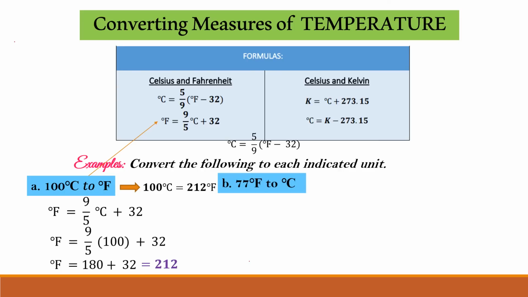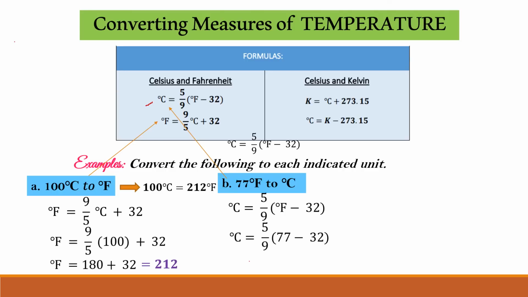For example B, we have to convert 77 degrees Fahrenheit to Celsius. And the formula that we will use is this. So we have degrees Celsius is equal to 5/9 times the quantity degrees Fahrenheit minus 32. Again, we write our formula and then substitute the value of the temperature in Fahrenheit.